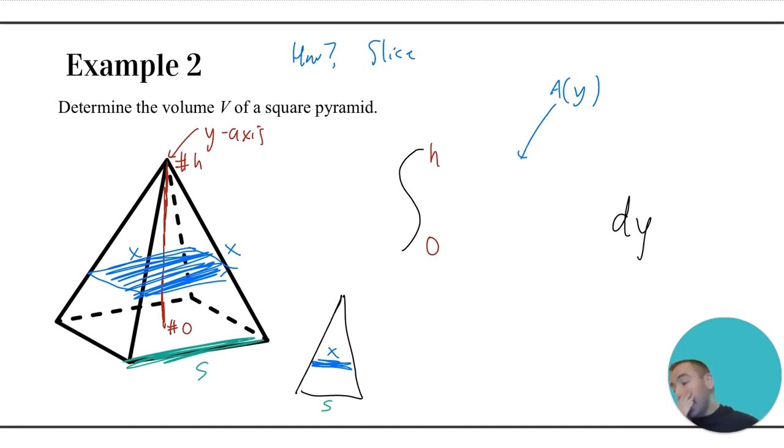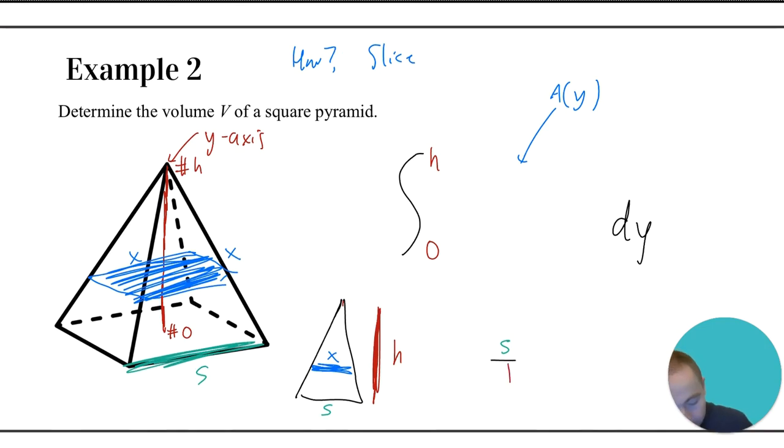Those two lengths right there should be proportional to what this distance right here is of h, the overall height. So the ratio of s, the overall base, with the height should be equivalent to the ratio of x to then just this height right here, which we might just be able to call y.